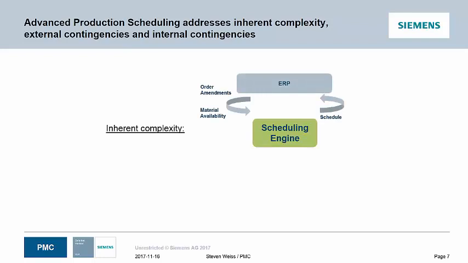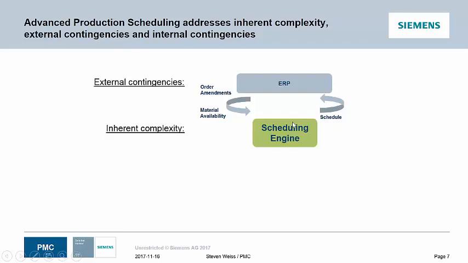Now, that is going to be linked almost always to the ERP system. And the ERP system, in addition to offering amendments and changes to orders, telling us about changes to material availability, is most likely going to receive the schedule that is produced by the scheduling engine so that people throughout the company have visibility on an as-needed basis to what is to be produced and when it is to ship.